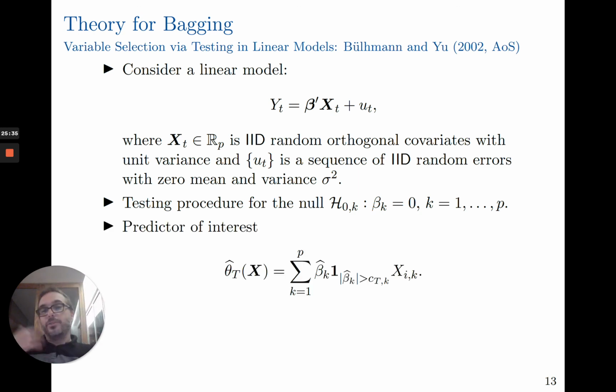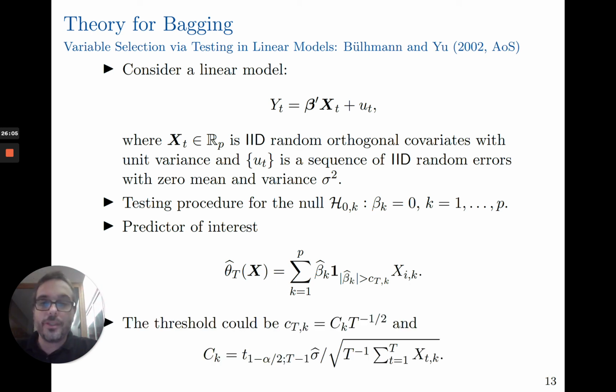So the idea is to use bagging. Our prediction will say that we are going to keep only variables where the coefficient exceeds a certain threshold. And of course, this threshold is related to the significance level of the test, and depends on the standard error, but basically that's the decision rule, okay?